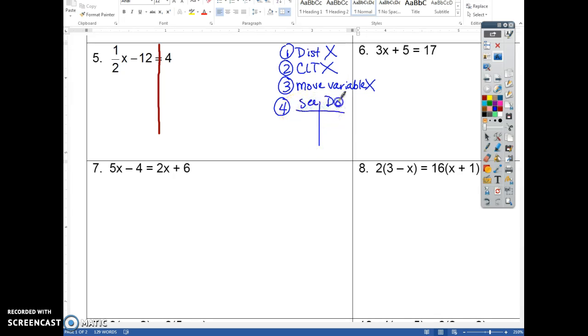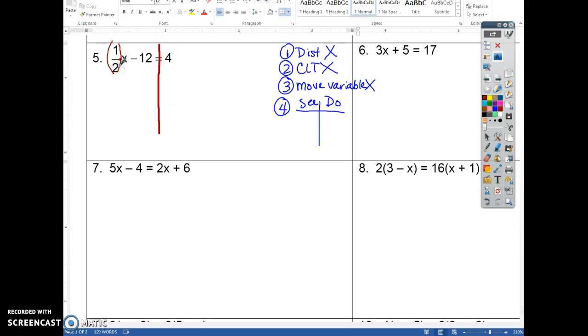So make sure you're writing this down, the table see do, on your paper. Because I'm asking you, what do you see happening with the x? And always start from the closest number to the furthest away number. So what's happening with this x right here? It's being multiplied by a half, right?